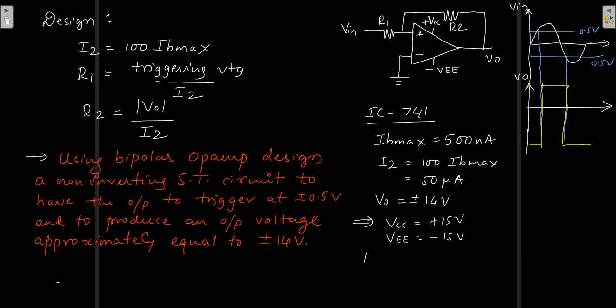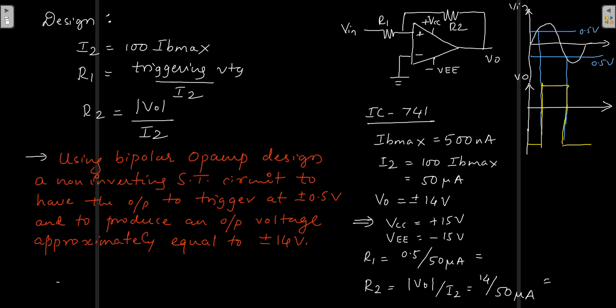Now the other two values are very simple. The trigger voltage is 0.5 volt and your I2 is 50 microampere. Please calculate the value of R1 and R2. R2 is your V0 divided by I2, where V0 is 14 volts and I2 is 50 microampere.